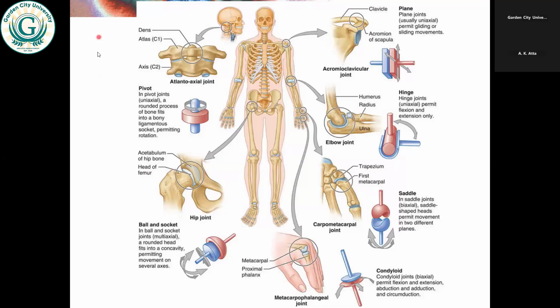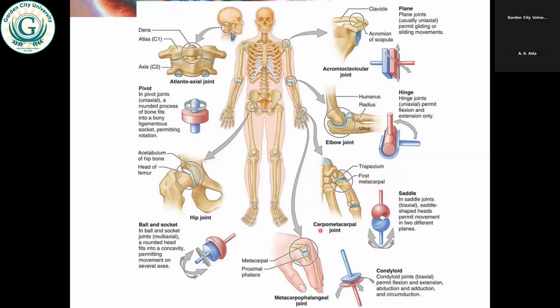You're supposed to know some of these types of joints. Then finally, this one here, very important. The joint between the carpal bone and the metacarpal is the carpometacarpal joint.